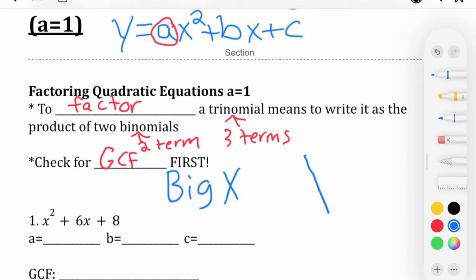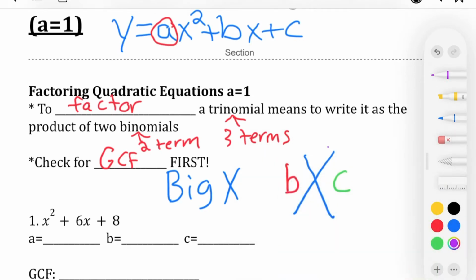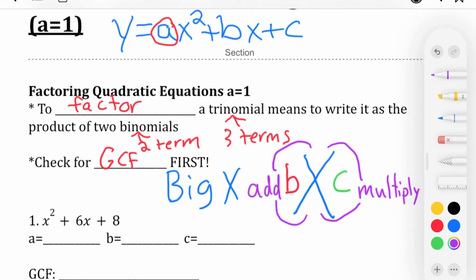You're going to have a big X, you're going to have your B coefficient or your B number, then you're going to have your C constant, and then you're going to find 2 numbers that multiply to get your C, but also add to get you your B.